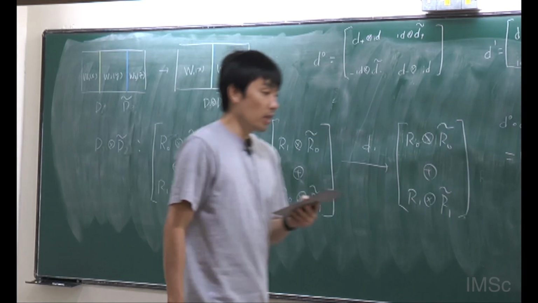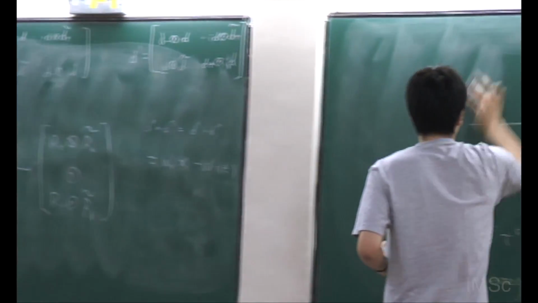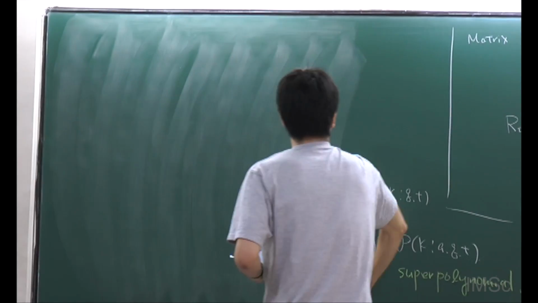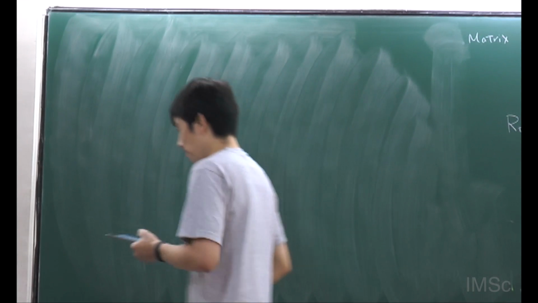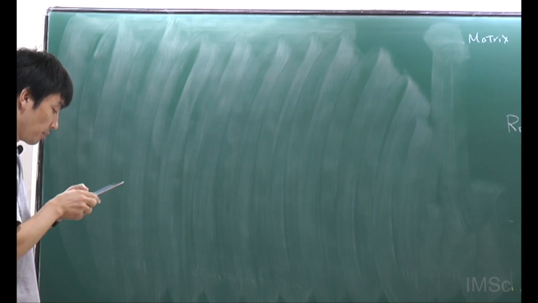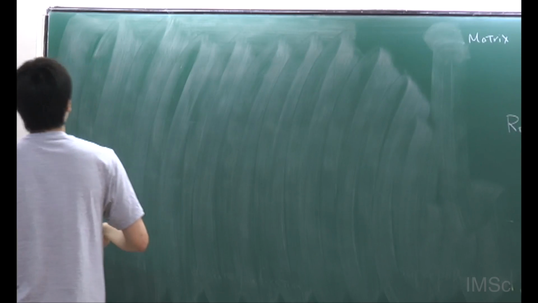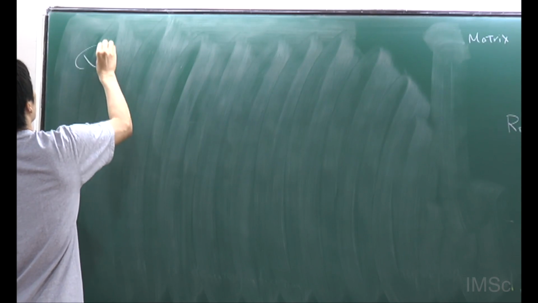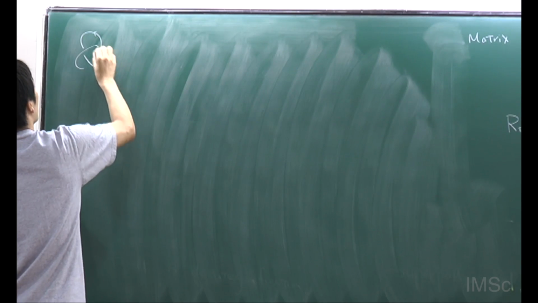And in particular, how is it related to knots? That is the question. So Khovanov and Rozansky construct the following matrix factorization. They are given a knot, for example, a trefoil.